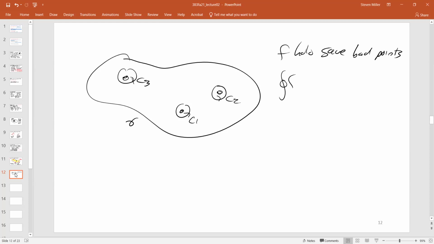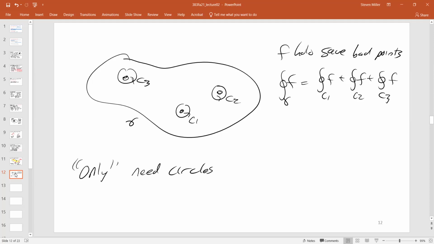Then the integral of f along gamma is the integral of f around C1 plus the integral of f on C2 plus the integral of f on C3. We have just reduced integration over general curves to integrals over circles with arbitrarily small radius. So we only need circles with small radii for our integration curves.